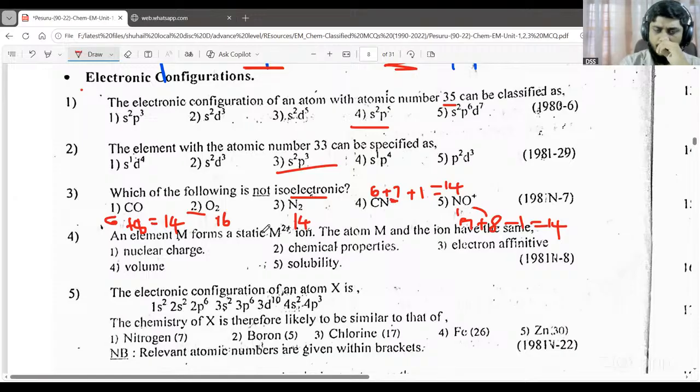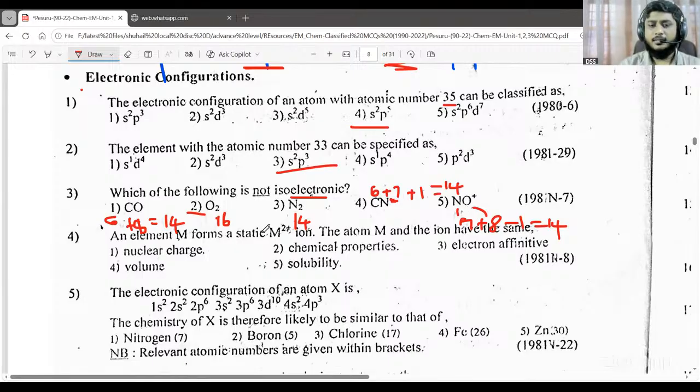Now the fourth one. An element M forms a stable M2+ ion. The atom M and the ion have the same what?